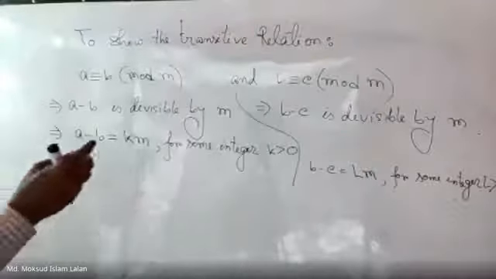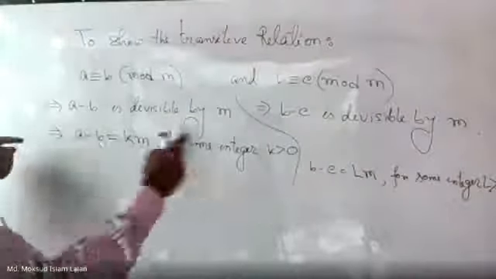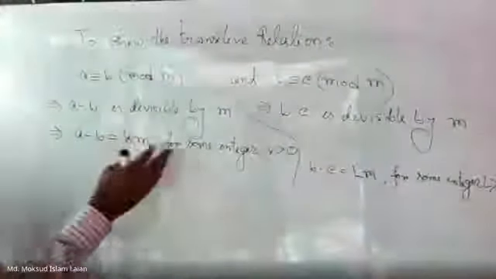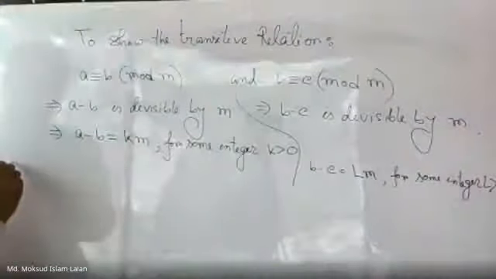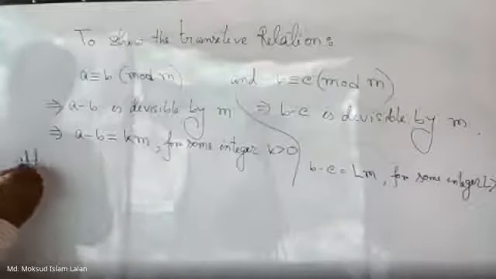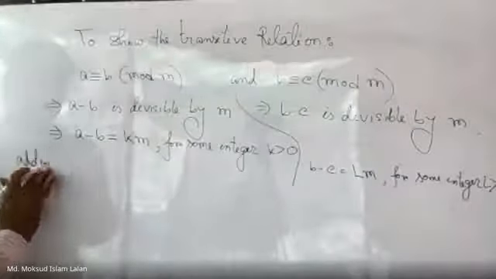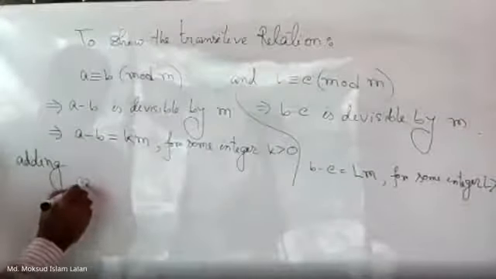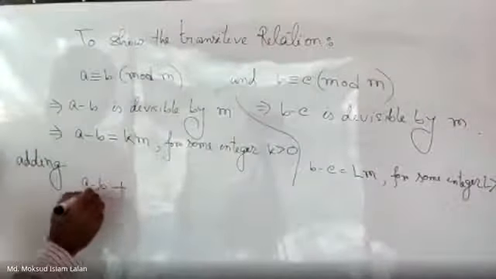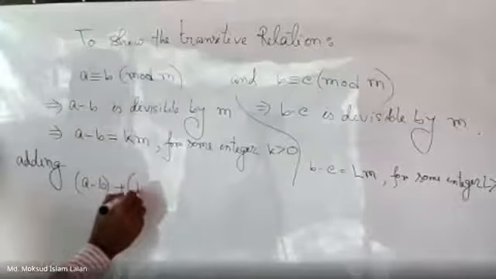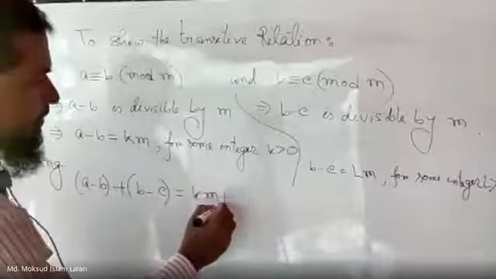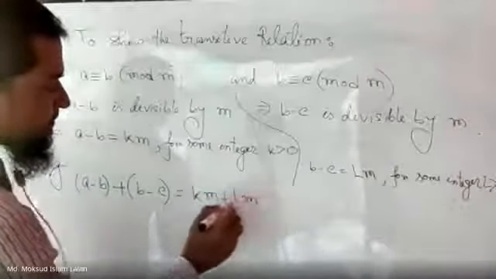Now dear student, can we add these two equations? This one and this one. Can we add it? Adding the two equations, A minus B plus B minus C is equal to KM plus LM.